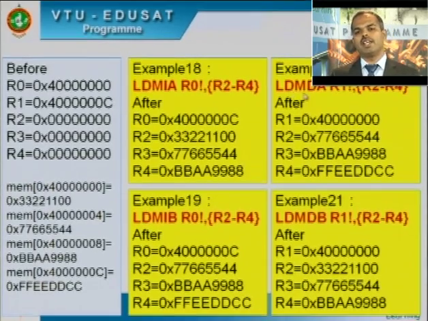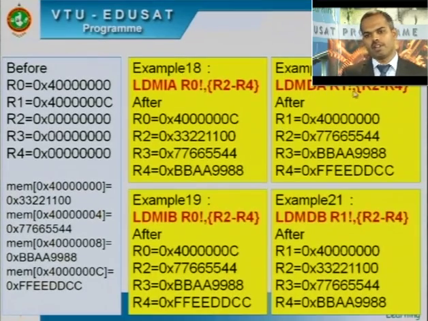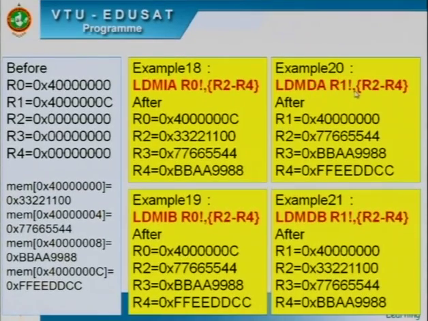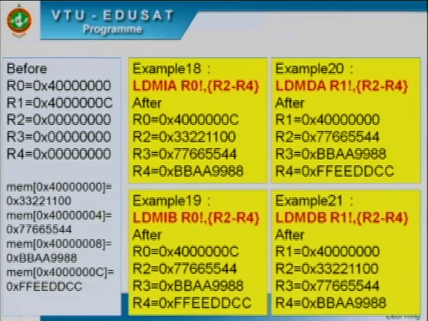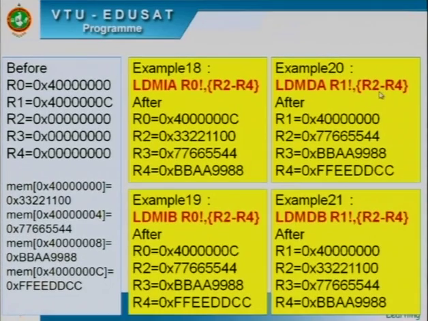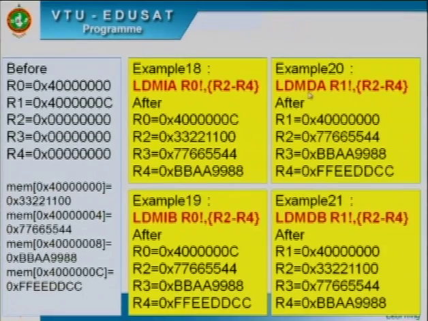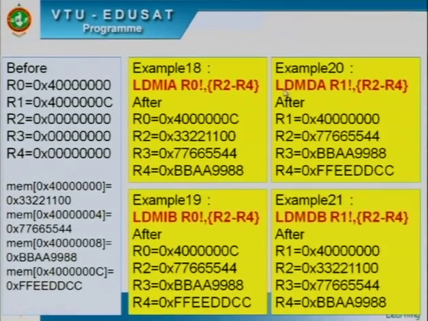Example 20 is LDMDA R1!, {R2-R4}. Now what is the R1 content? Please look at that carefully. This is 4 followed by 6 zeros and C. What happens here is LDMDA, load multiple registers and decrement after.